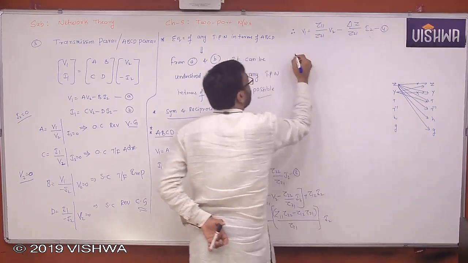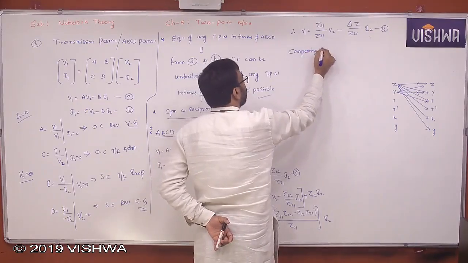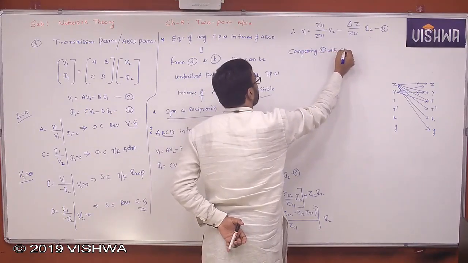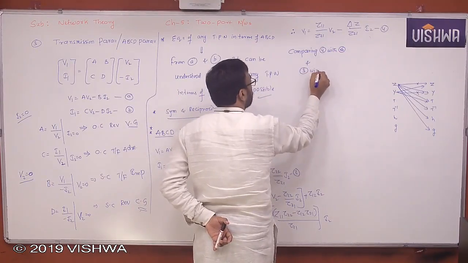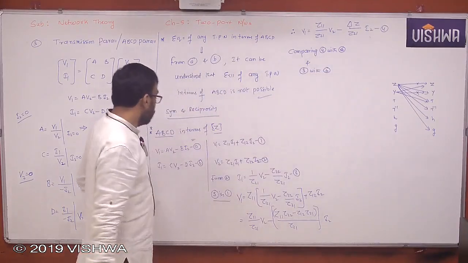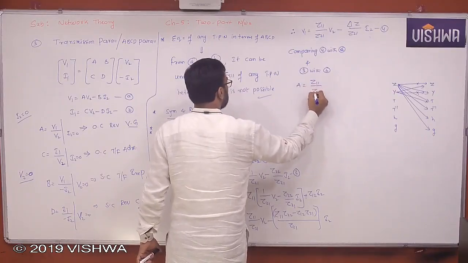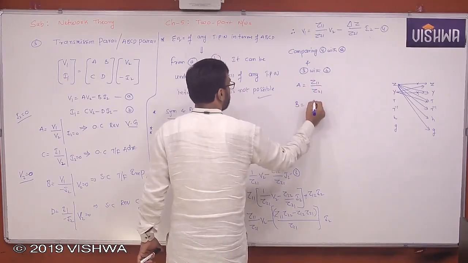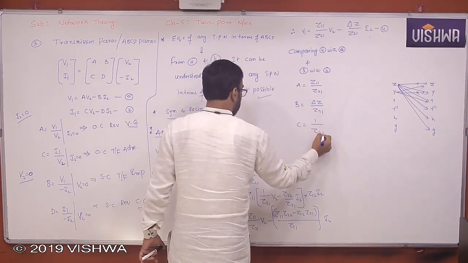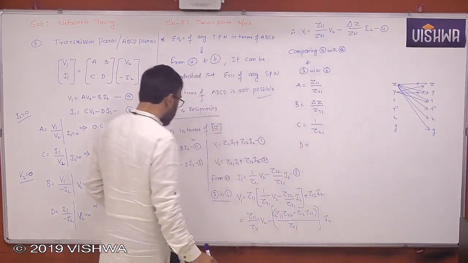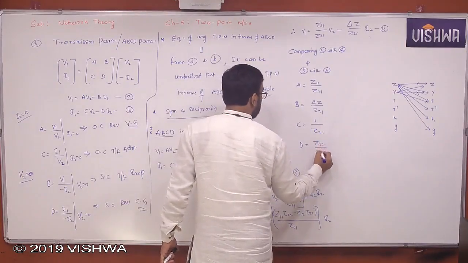Equation 4. Now comparing equation 4 with A and equation 3 with B, I'll get A is equal to Z11 by Z21, B is equal to del Z by Z21, C is equal to 1 by Z21, D is equal to Z22 by Z21.